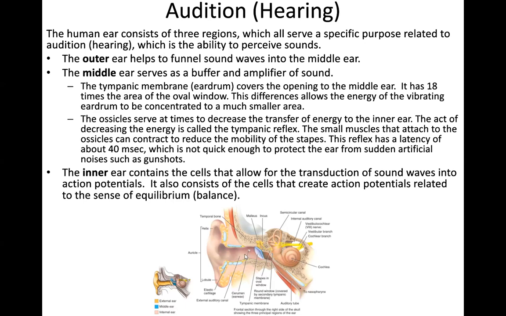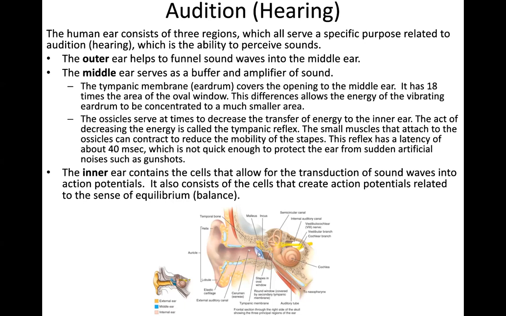Between the outer ear and the middle ear is a structure called the tympanic membrane, and the tympanic membrane typically is what we call our eardrum. The function of your eardrum is to transmit sound waves that come with the things that we hear.